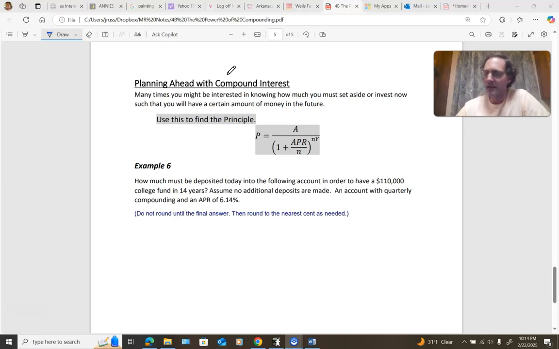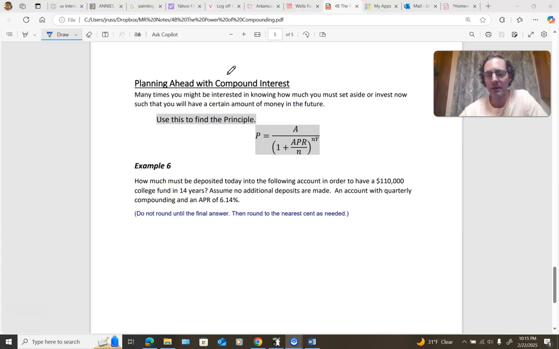So let's say you've got an extra $10,000 lying around, and when your kid is born, you want to invest that $10,000, and you want it to grow to a certain amount in the future. I'm saying it backwards. No, let's say you want to have a certain amount of money available in the future.